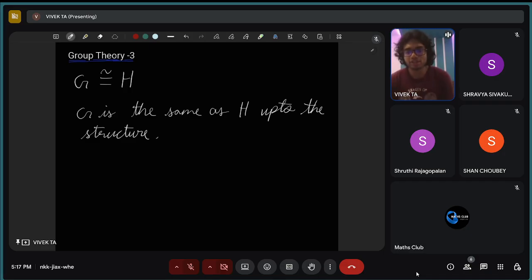How they are equivalent is not important. The important part is that in topology, we consider both of them the same because they behave similarly in some ways. So topologically, we say they are the same, and that's the same in group theory.